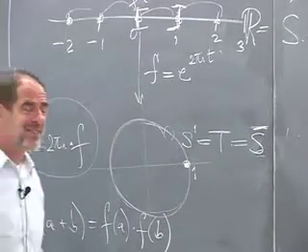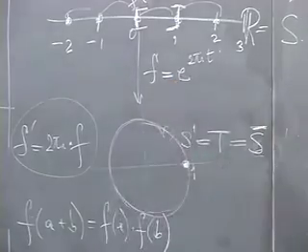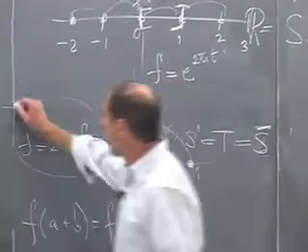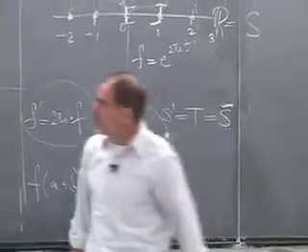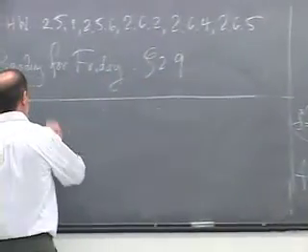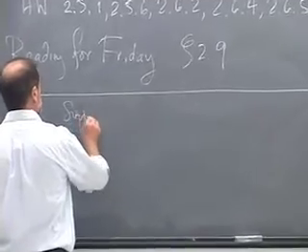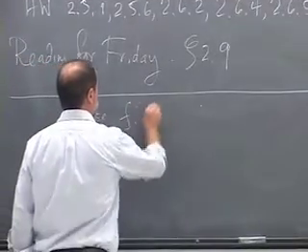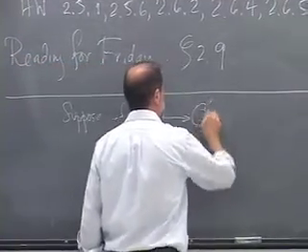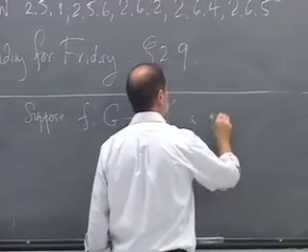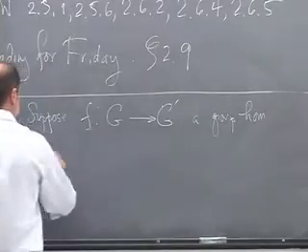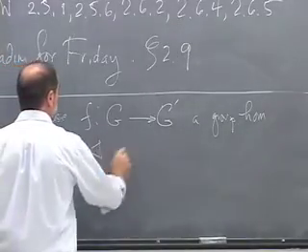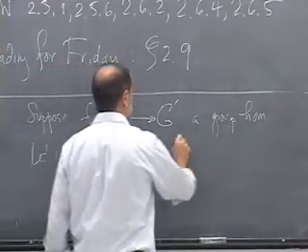But I digress. Let's go back and talk about equivalence relations in the context of groups. We get one if we take a map of sets which is a group homomorphism. Suppose f from G to G prime is a group homomorphism. Let H, which we know is a normal subgroup of G, be the kernel of f.